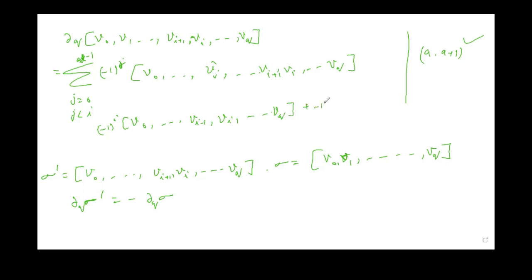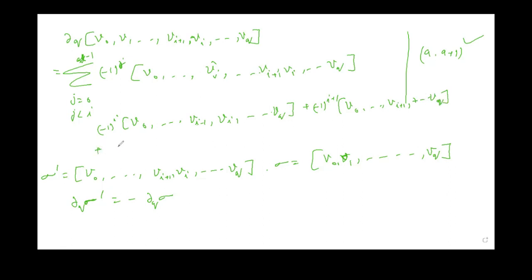Then again minus 1 to the power i plus 1, we have V0 up to V i plus 1, then Vi will be thrown out, and then Vq, like so.